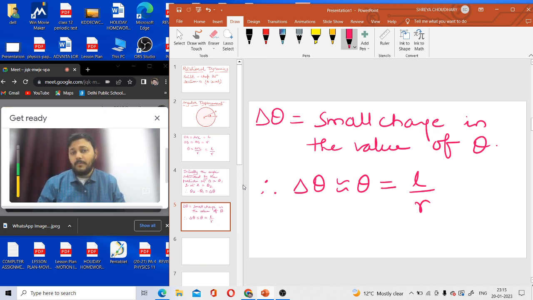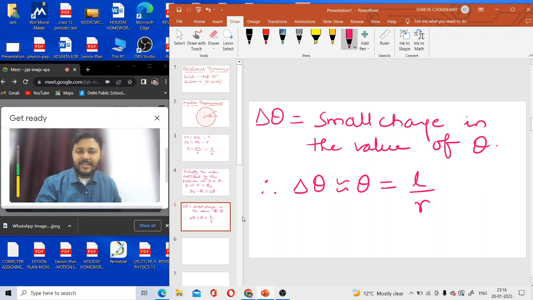One more point that we should add: displacement is basically a vector quantity, so angular displacement will also be a vector quantity.